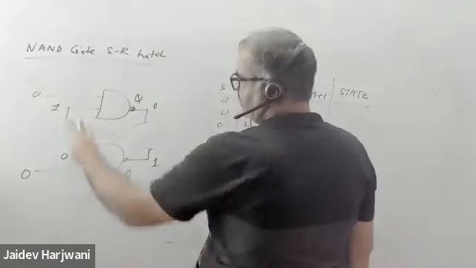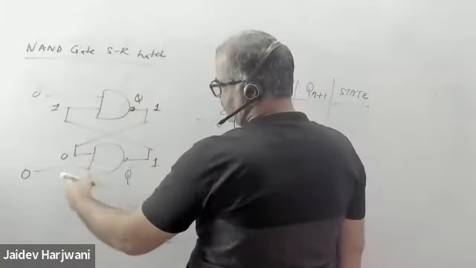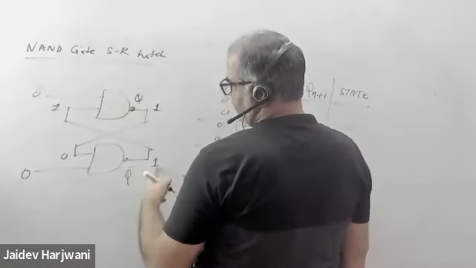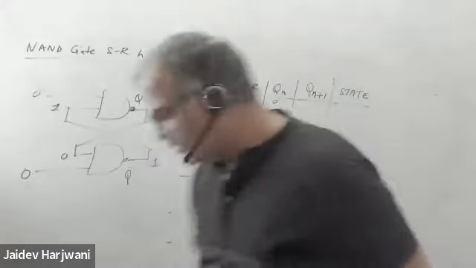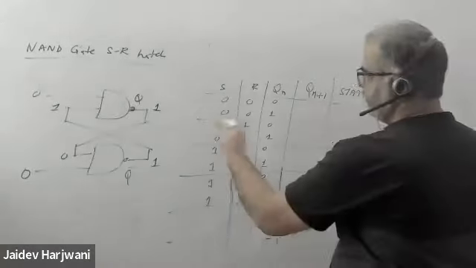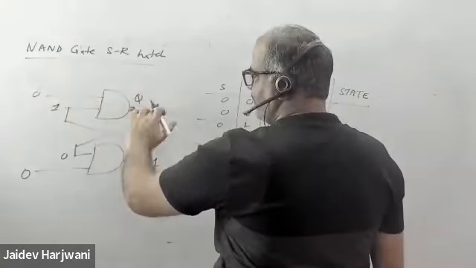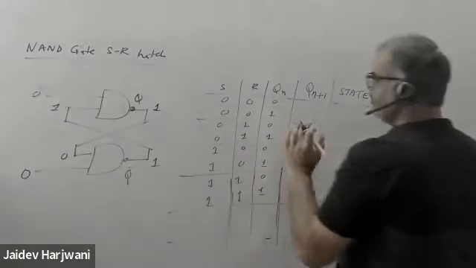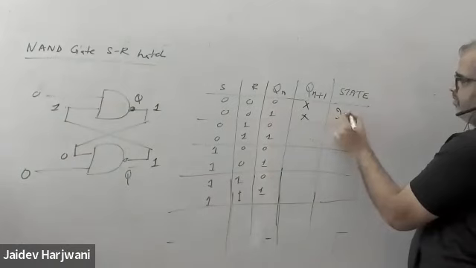So this becomes 1. Similarly here 0 0 0, this becomes 1, both become the same. So this 0 0 state is basically your invalid state, both cannot be the same.